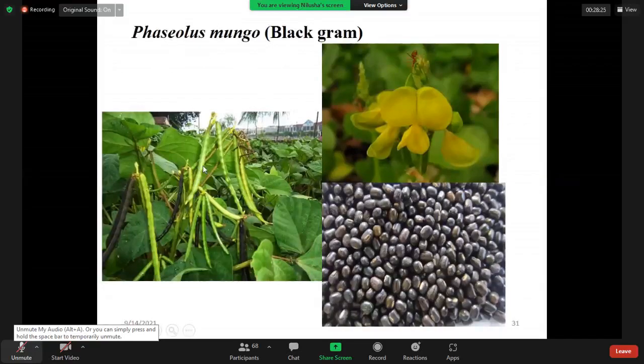This is the black gram. This is the mature pod. After maturing, these pods automatically open and the seed comes out, so we call it a dehiscent pod. In the flower you can see petals, and this one is the seed.